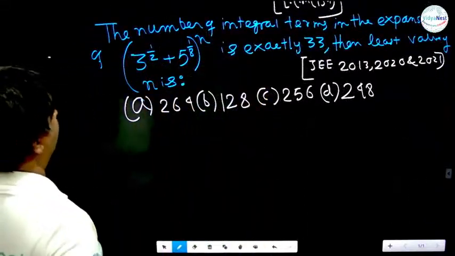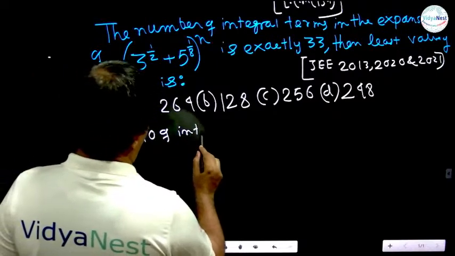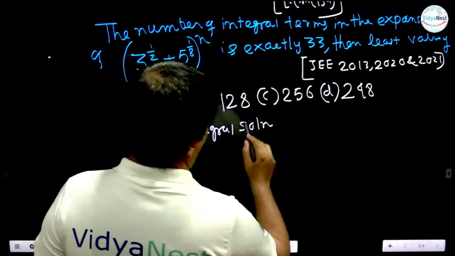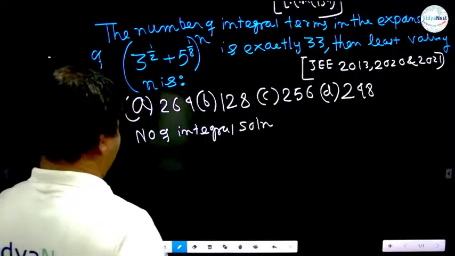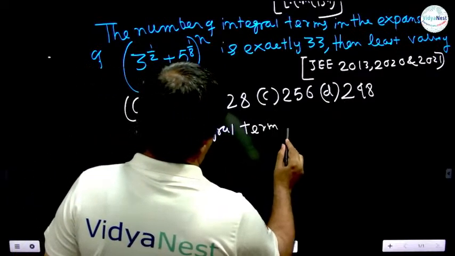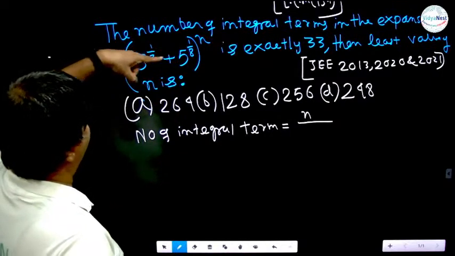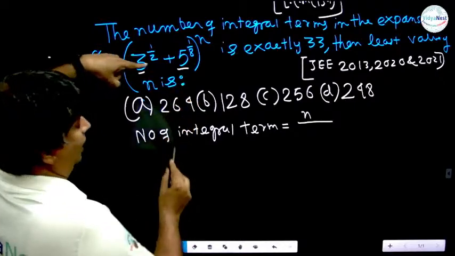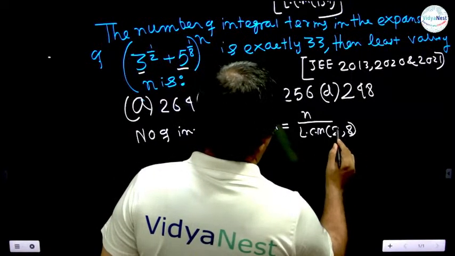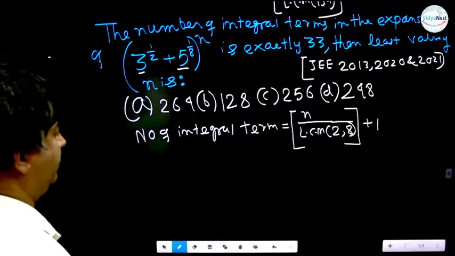The number of integral terms is the integral part of n by LCM of 2 and 8, because 3 and 5 are already considered prime numbers, plus 1.